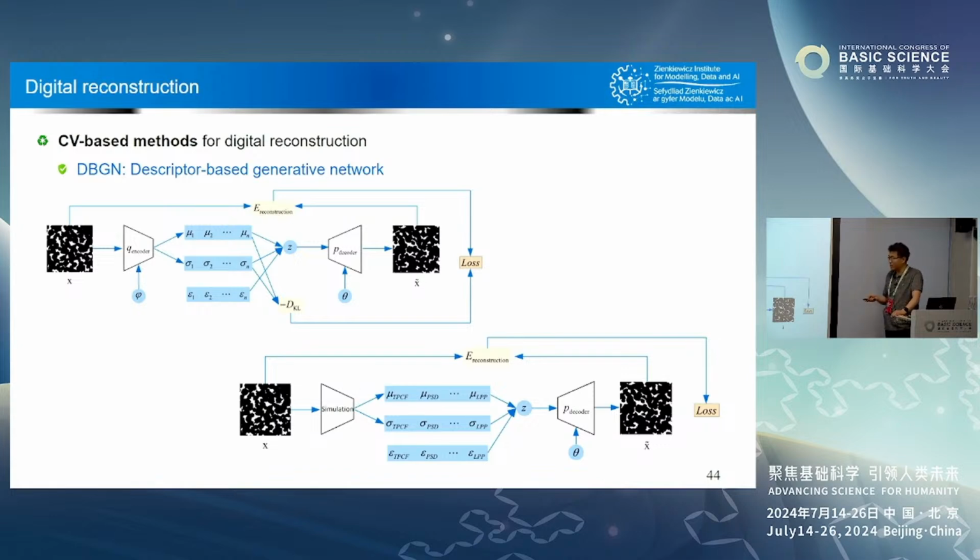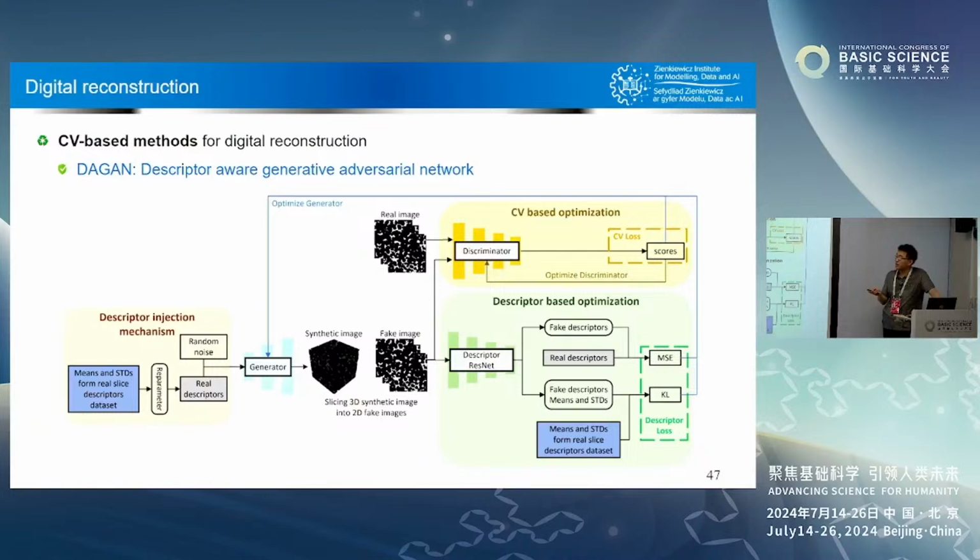Of course, you need to train that neural network more. So there are two parallel discriminators. One discriminator only considers the image inputs, and the other considers descriptors.